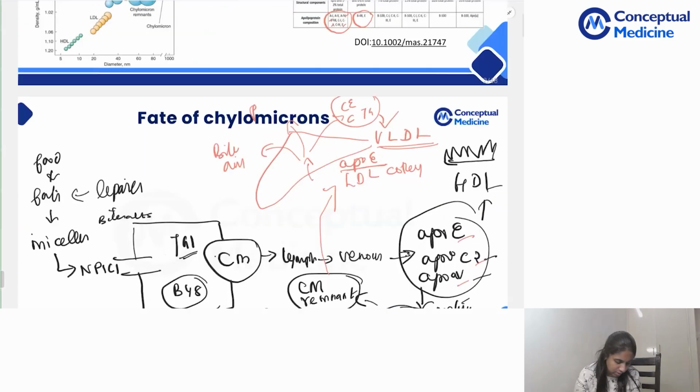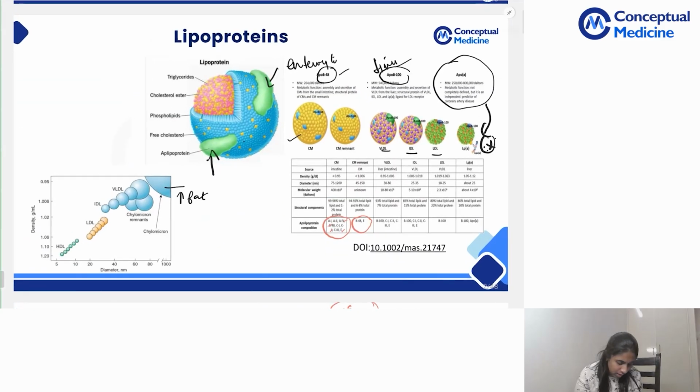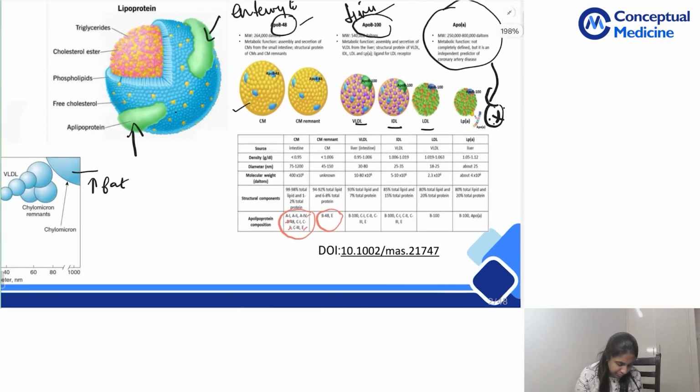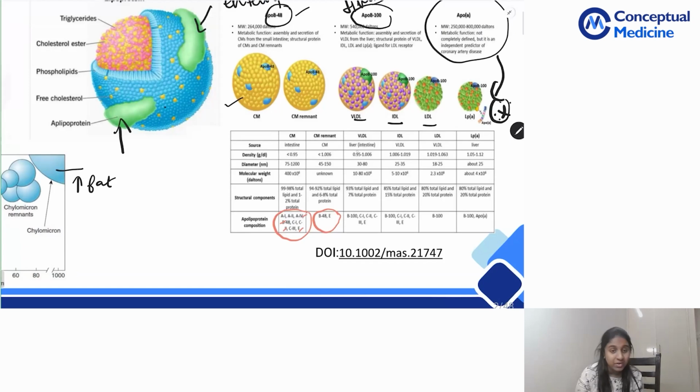If you come closer and look into VLDL, it is coming from the liver. Very, very rarely it comes from the intestine. Mostly it's coming from the liver. You could see the density slowly increasing and their diameter slowly reducing. If you look into the structural components, it is mostly lipid and only 7% protein. Looking into the apoproteins, these are B100, C2, and E. ApoAV is not there.